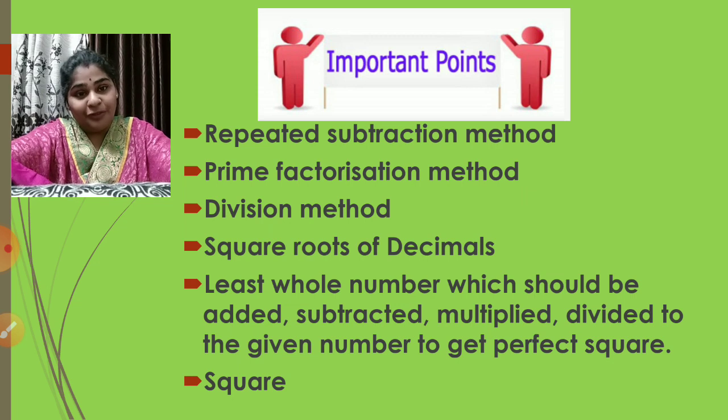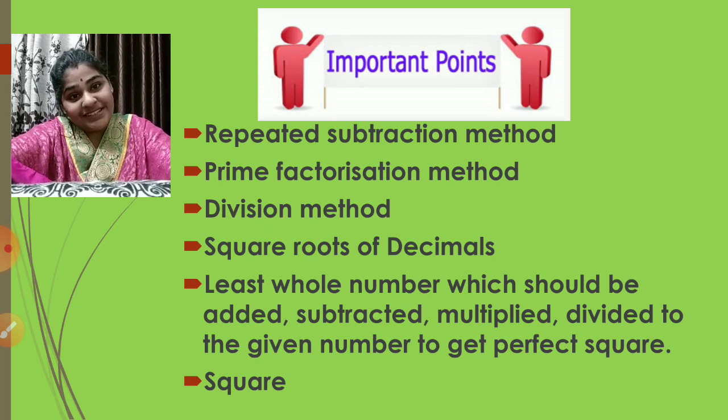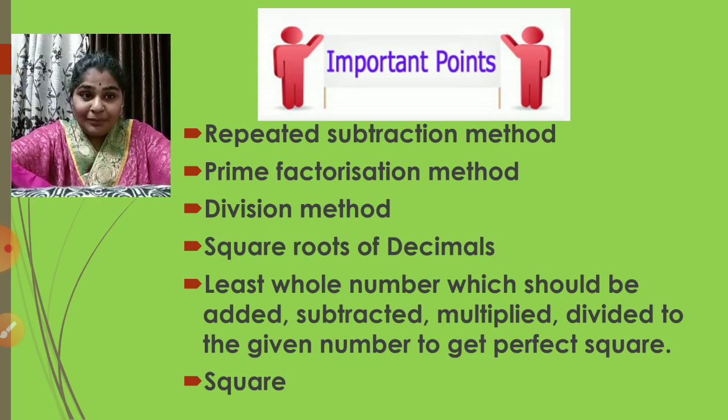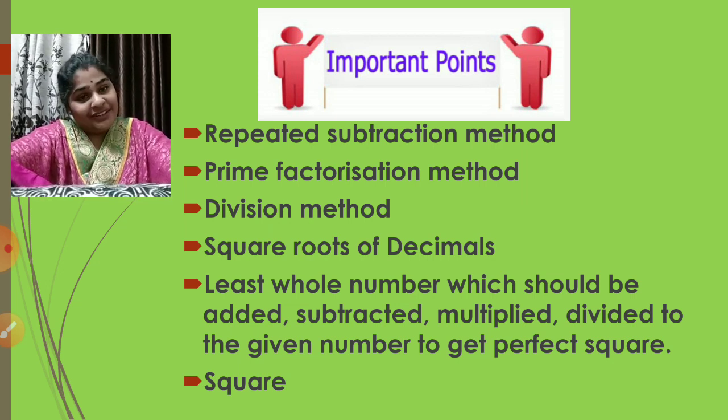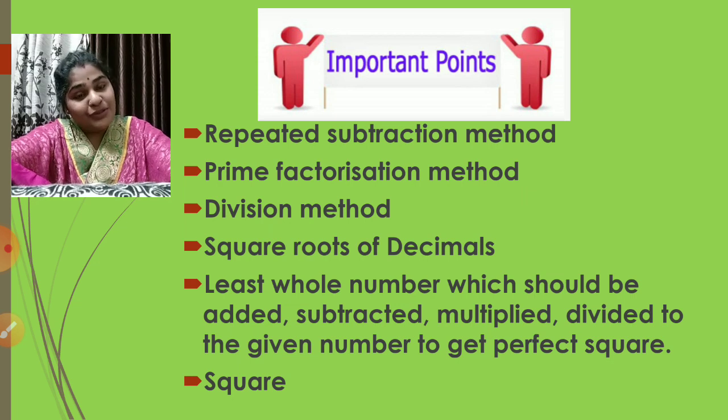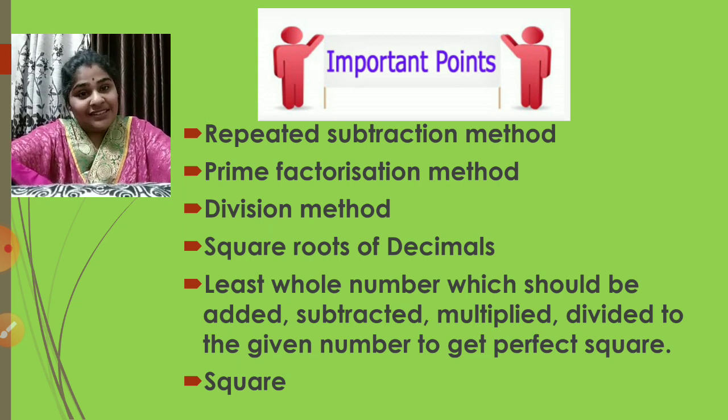You should also be able to find square roots of decimals by the division method, which we have already studied. Also know how to find the least whole number that should be added, subtracted, multiplied or divided to the given number to get a perfect square. Children, revise all of this along with the solved examples and the exercises.